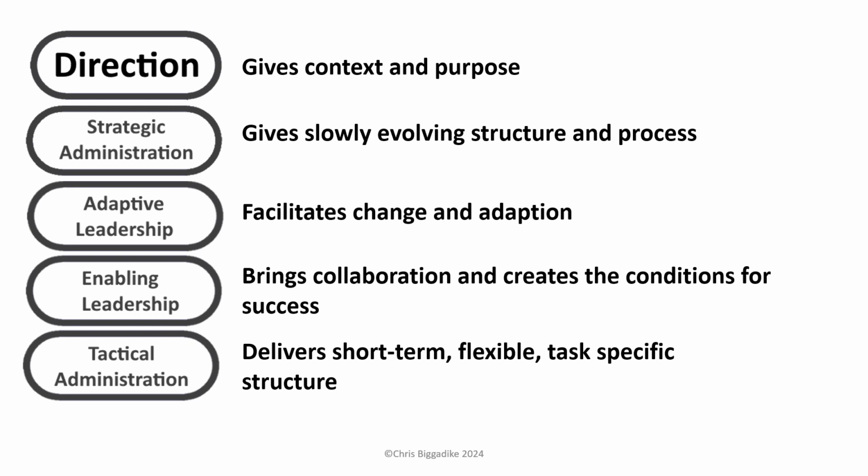Adaptive leadership is a response to sudden change in the environment or the need for transformational change in the organization. Enabling leadership nurtures collaboration and teamwork. It gets the best from individuals and is interested in small blockers and hurdles which the team experience. Tactical administration is the local planning and resource management needed for a specific project or task.